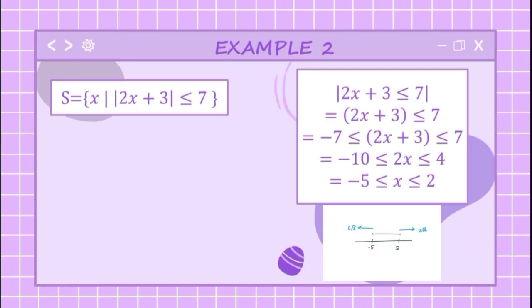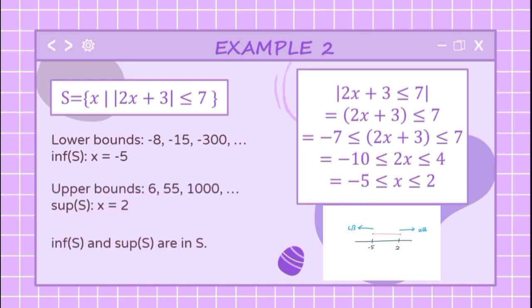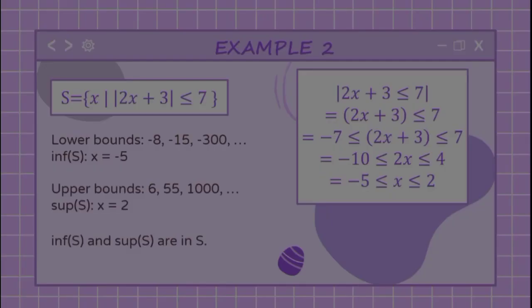Like the first example, there are many lower bounds and upper bounds, but we take the greatest lower bound, which is -5, as the inf of S, while the least upper bound, which is 2, as the sup of S. And for this set, both inf and sup are in the set S. This is because S is a closed interval.